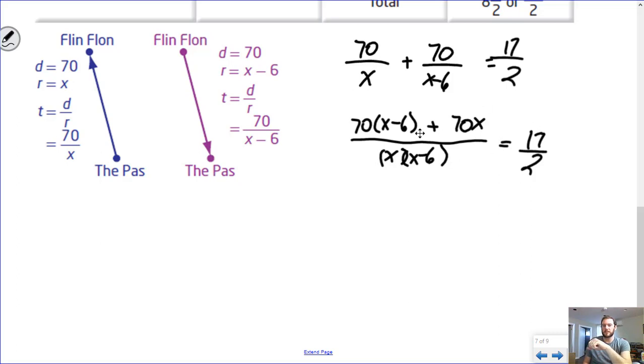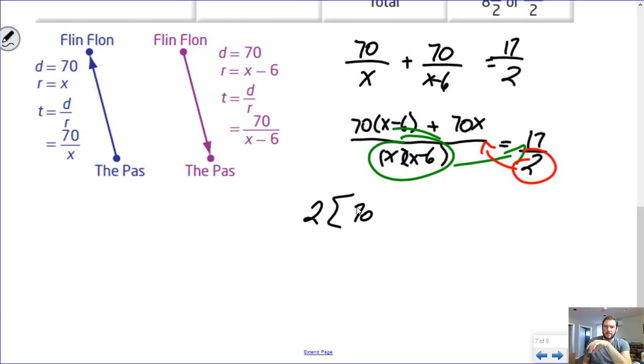Now that I have one fraction on the left side and one fraction on the right side, what I can do to simplify my life a little is to take this denominator here and multiply it up to that numerator, and then take this denominator here and multiply it up to that numerator. So when I do that, I get 2 times 70 onto x minus 6 plus 70x. And I get 17 onto x times x minus 6.